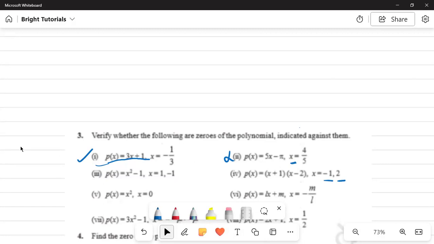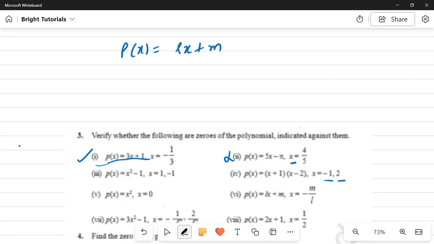We see here p(x) is equal to lx plus m is given, and we have to check whether x equal to minus m by l is the 0 of this polynomial or not.